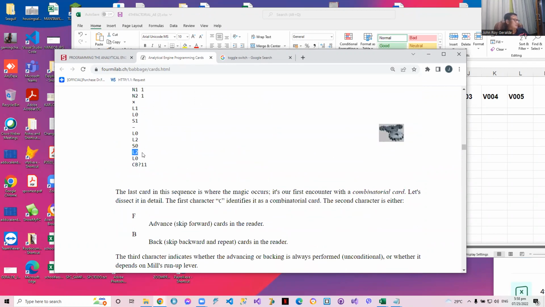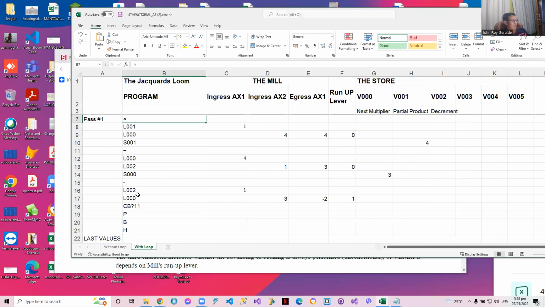Do you follow? Before S0 and L2, there should be a minus here, no? That's why we have this minus here, because there's no minus in the actual code. It was a mistake, no?